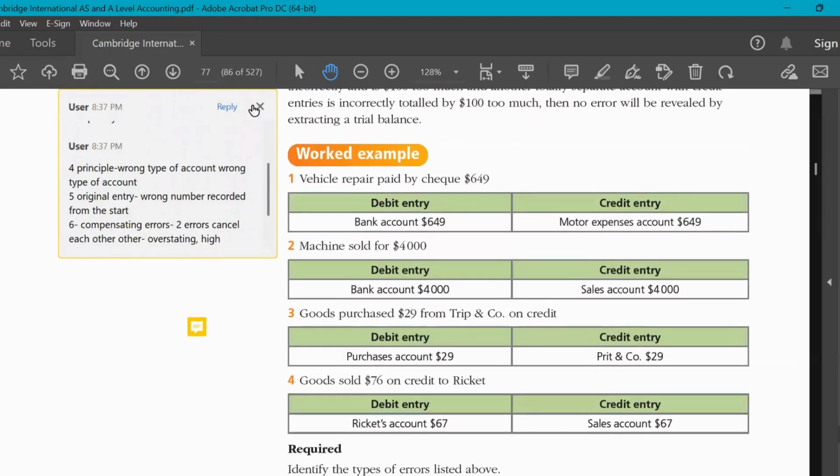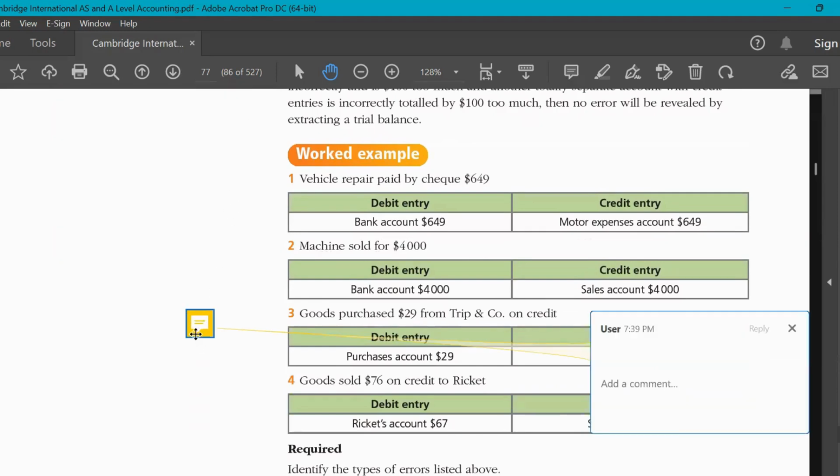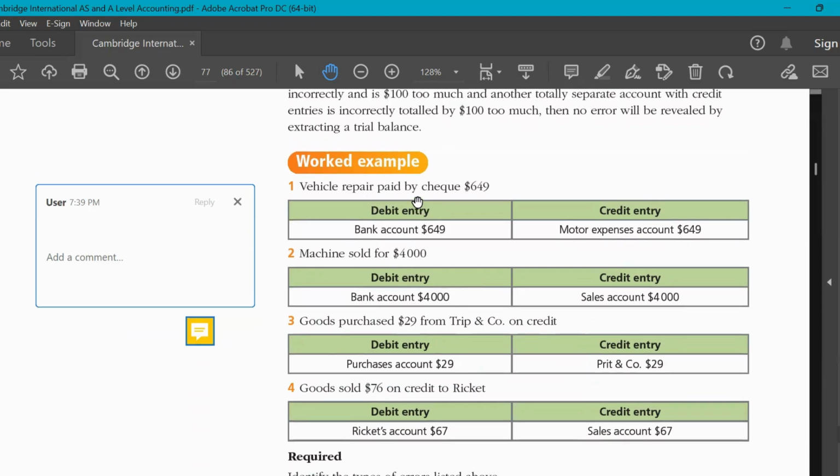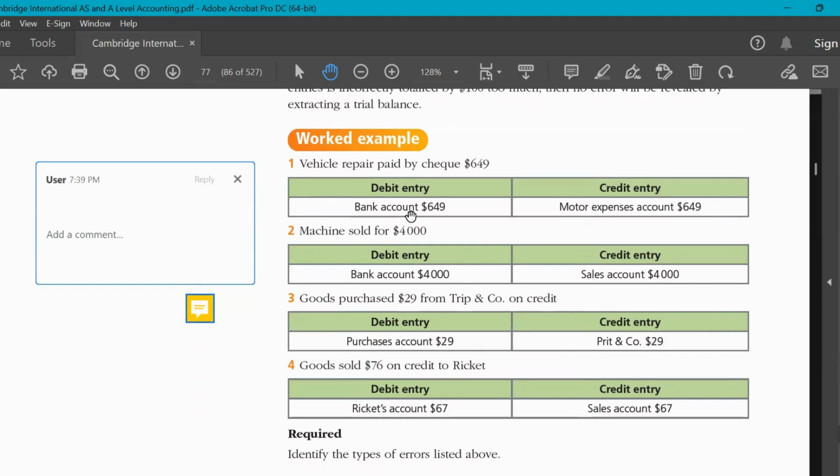Okay, let's have again. Can we have this? Okay. The working example. So this will be our last activity. Vehicle repair paid by check. Okay, it was the requirement. Identify the types of error listed above.